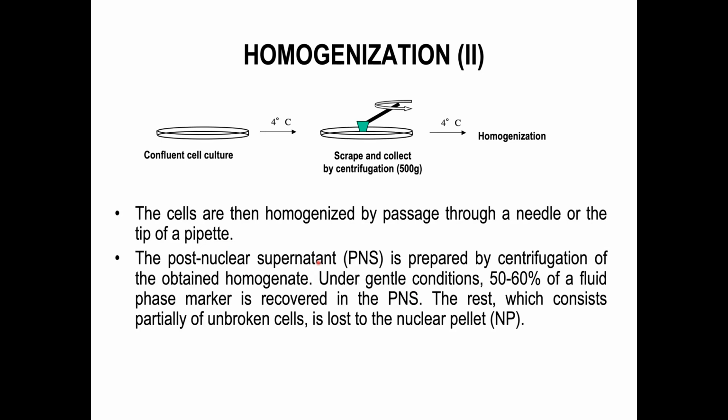So when you are working in a cell biology lab that is interested in lysosomal organelles, Golgi membranes, endoplasmic reticulum, you proceed then with the further purification with this post-nuclear supernatant. However, in case you are working in a laboratory that is interested in protein transport into the nucleus or the architecture of the nucleus or in transcription factor research, you want to proceed with the nuclear pellet and you would discard the post-nuclear supernatant.